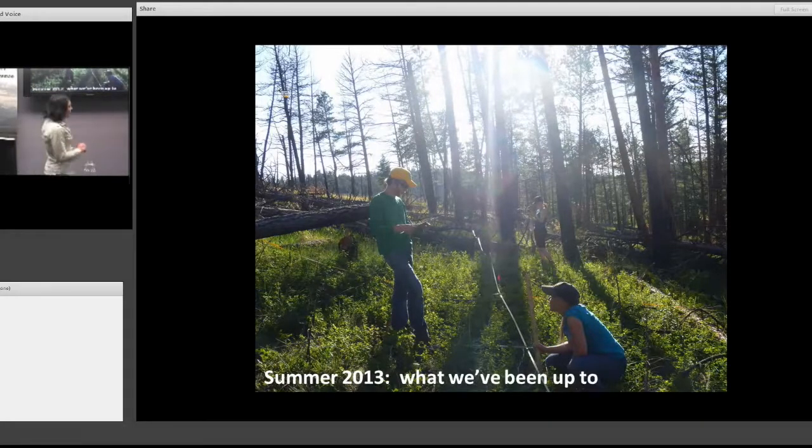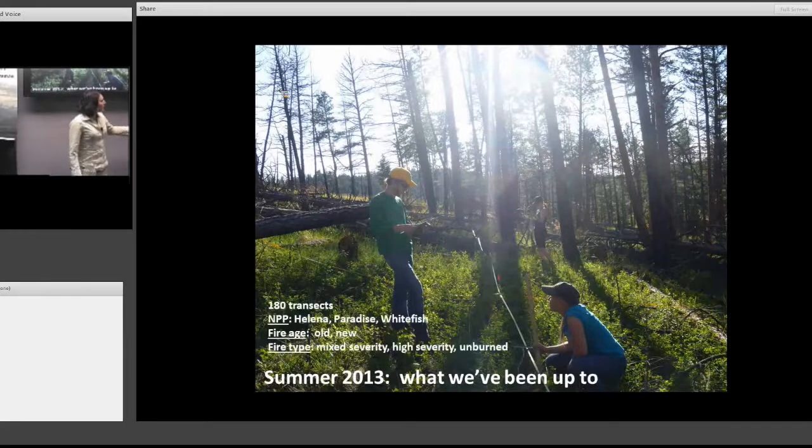So we've just started this project. Please give us lots of feedback. We've been establishing 180 transects across these 3 different levels of productivity, looking at both old and newer fires, as well as comparing mixed severity fires to high severity fires and unburned locations.